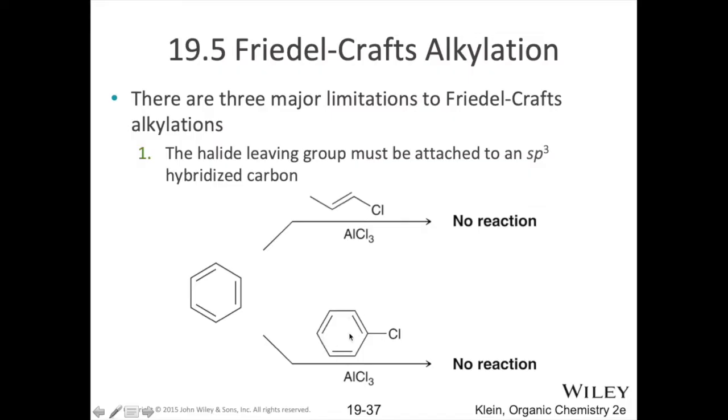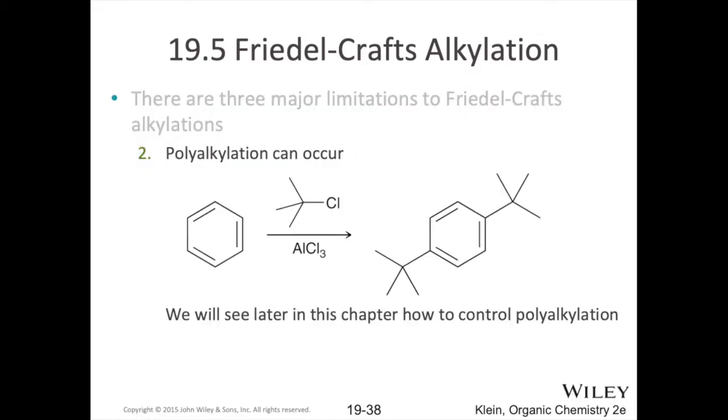Here we have a chlorine directly attached to our benzene. Again, that's our sp2 carbon. This is not good. You're not going to break that bond and leave behind a carbocation here, right? This would lose aromaticity. It would be very difficult to do that. So in both these cases, we do not see a reaction. So your alkyl halide has to have the chlorine on an sp3 hybridized carbon.